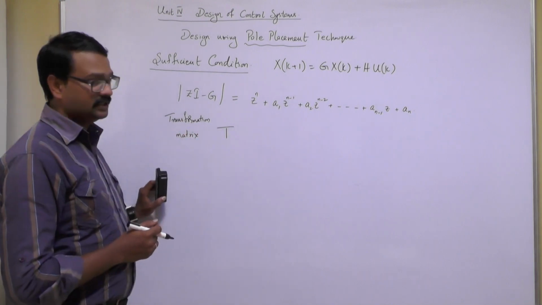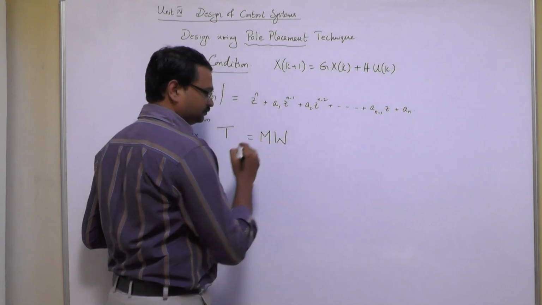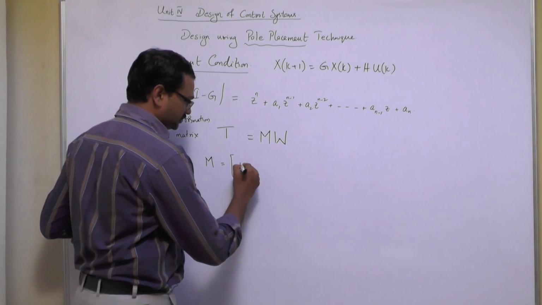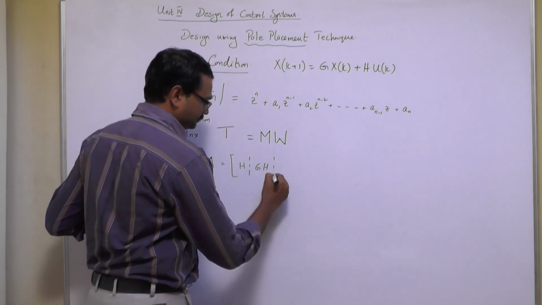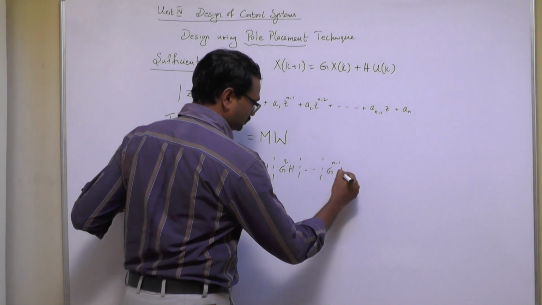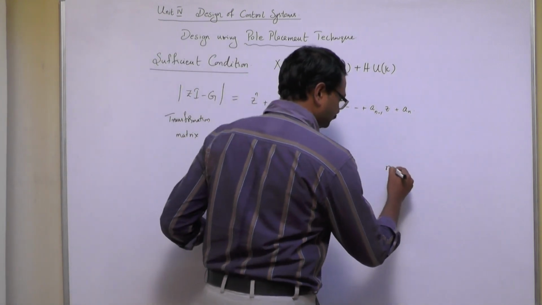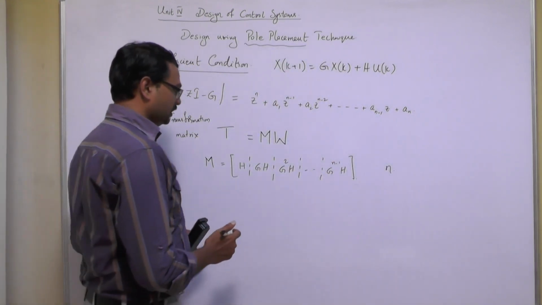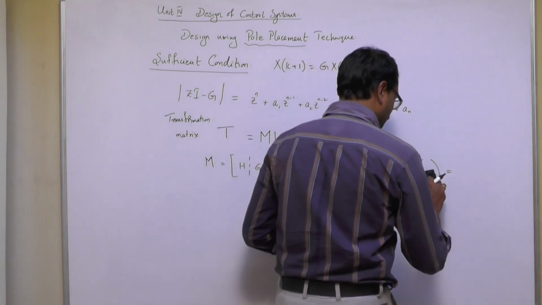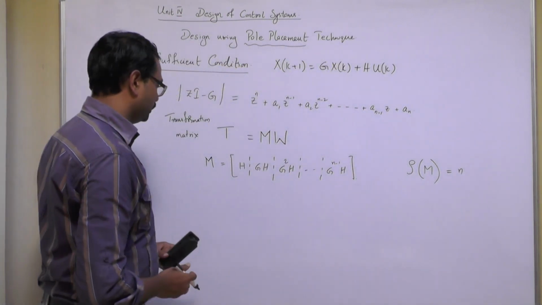Therefore I am choosing a different transformation matrix T, which is M into W, where M is the controllability matrix H, GH, G square H, up to G power n minus 1 H. Because the system is completely state controllable, the rank of M is equal to n.